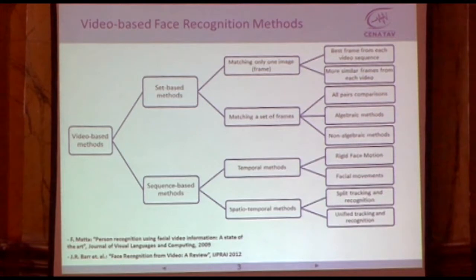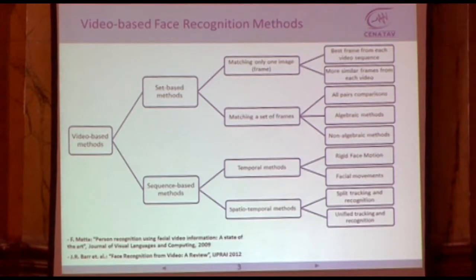There are several methods that have been proposed for video face recognition. They can be divided into two groups. The first one doesn't consider the temporal information, just considers that there are multiple images. And then there is another group of methods that take into account the temporal information.